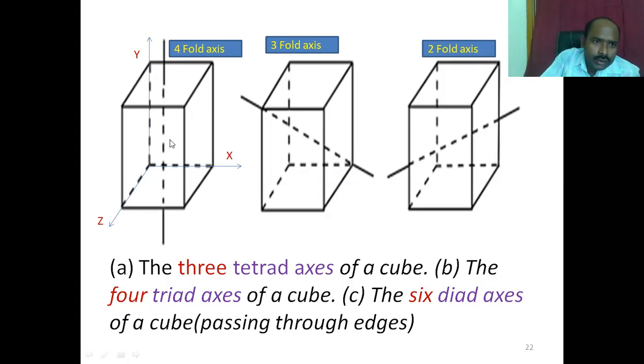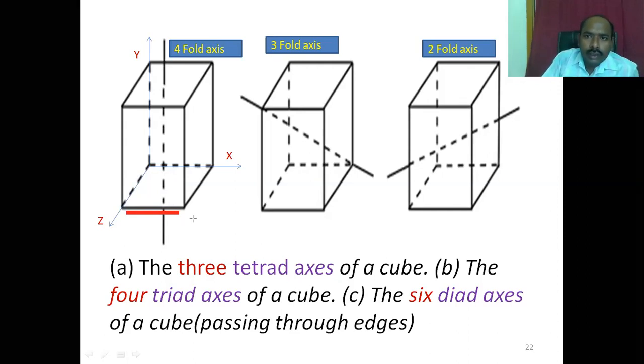About this axis, if we rotate the front face by 90 degrees in anti-clockwise direction, this one comes here.